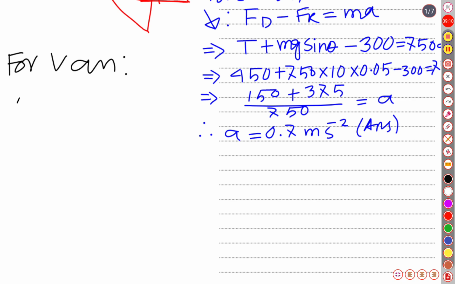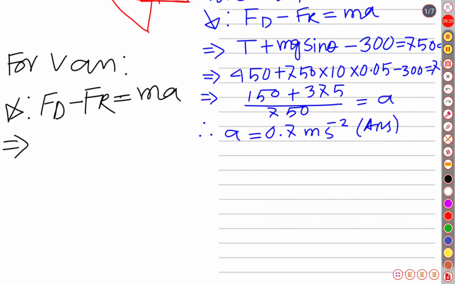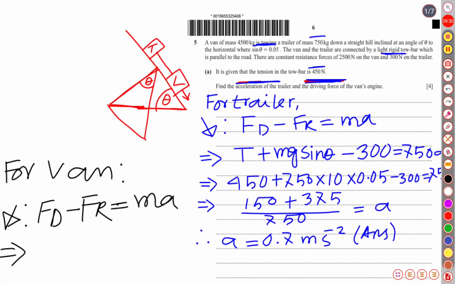So the van is also moving downward the hill. Let's see what the driving forces are. The concept is driving force minus resistance force is equal to mass into acceleration. Now let's see what is the driving force for the van.